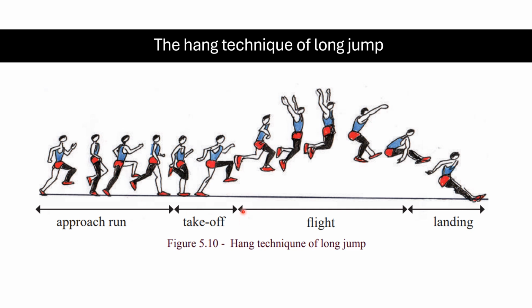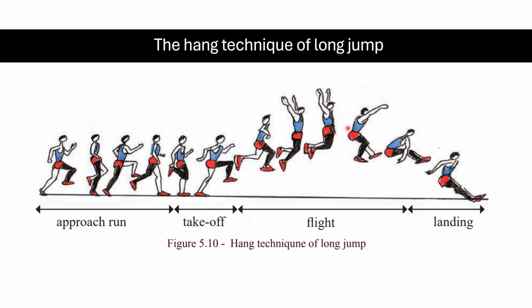And after the takeoff comes the flight. So this is a flight using the hang technique. And you can see during the flight, the free leg that was horizontal to the ground gradually comes down and aligns with the takeoff foot. Now here they are both together at the same level.